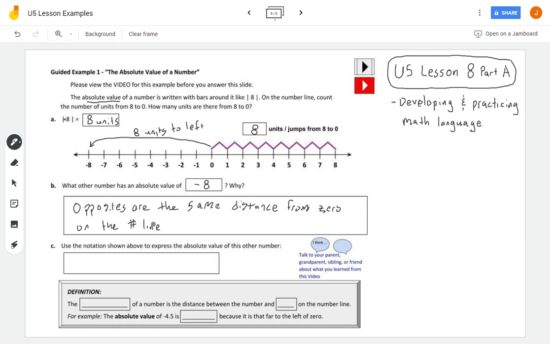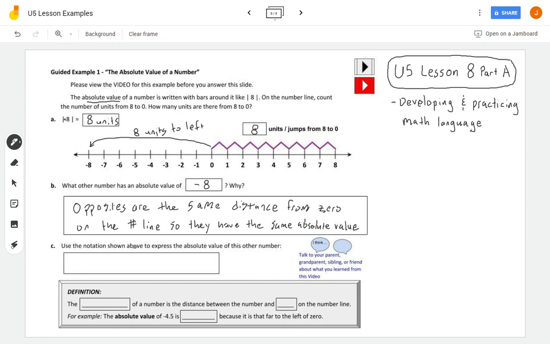And in your sentence, you can either spell out the word number or you can use a hashtag like I did to shorten it. Opposite numbers or opposites are the same distance from 0 on the number line. So they have the same absolute value, because that's what absolute value basically means, is how far a number is from 0 on the number line.